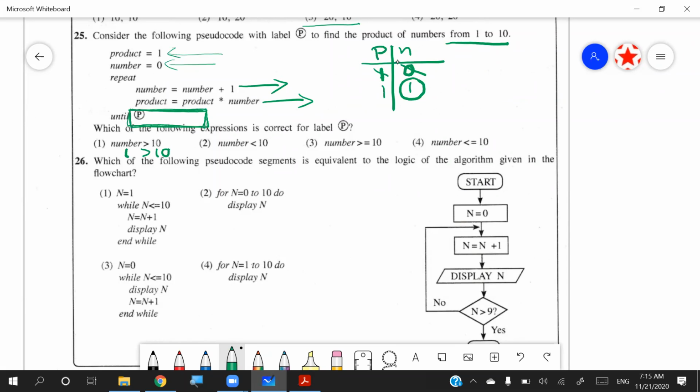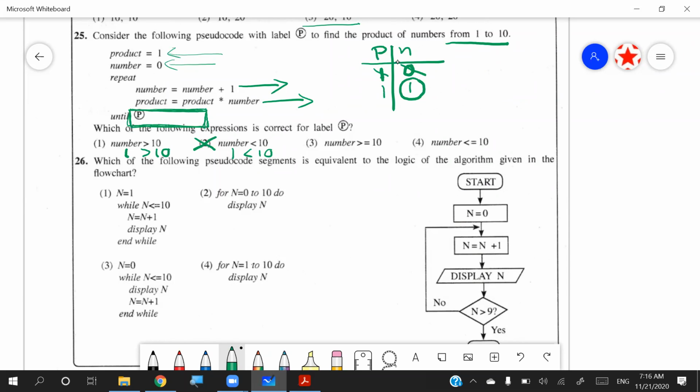If you look at the second one, it will definitely not be an answer because this says 1 less than 10, which is true. If it is true, it's not going to repeat. So because of that, the second is out of context.